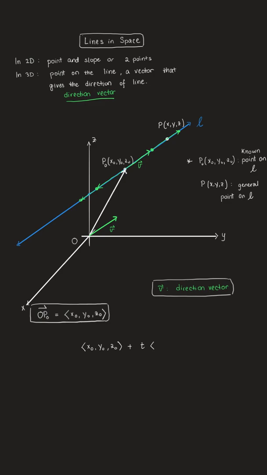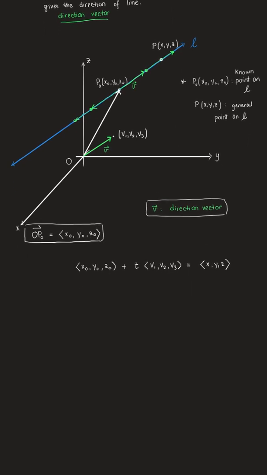So let's give v components v1, v2, v3, our direction vector, and we will let t range from negative infinity to infinity, and that will give us all of the points on our line. And so we have just developed the vector equation for the line, where t ranges from negative infinity to infinity.